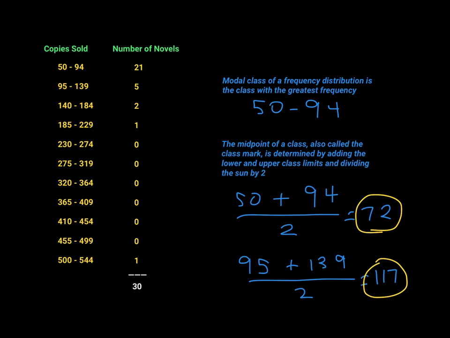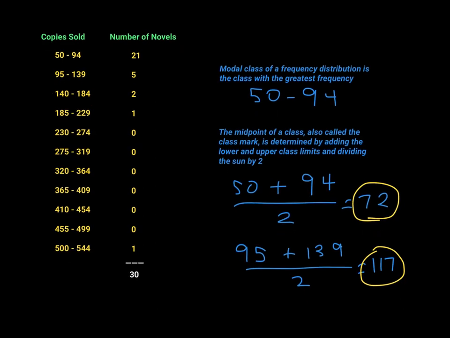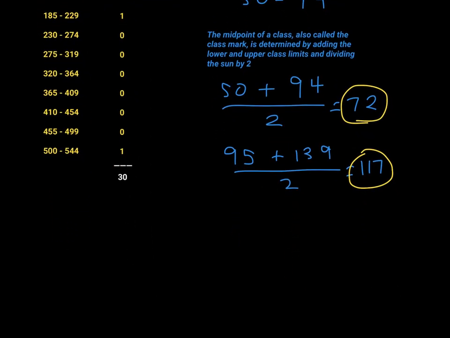Notice that the difference between successive class marks is 45. Look at this: 117 minus 72 is 45. That difference will always be the same between successive class marks.